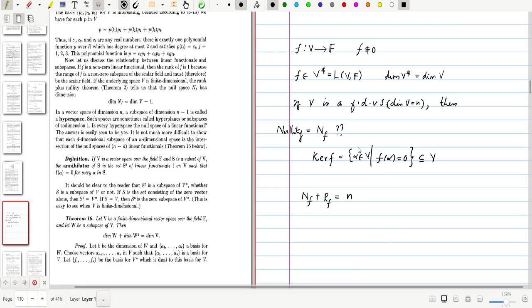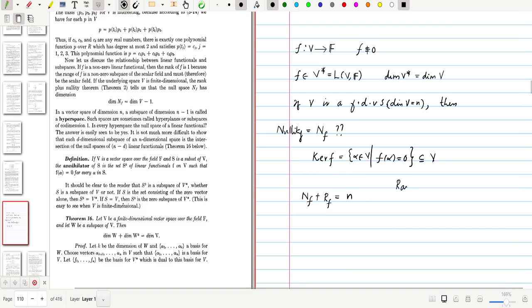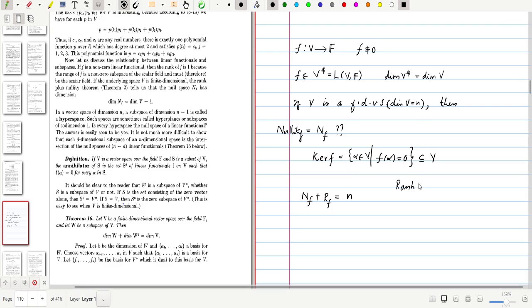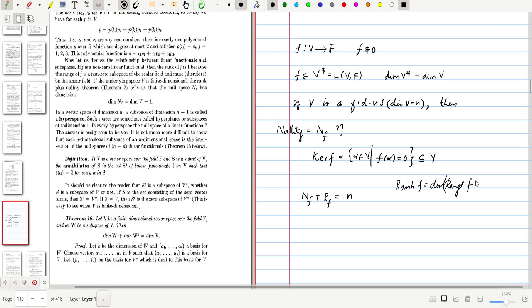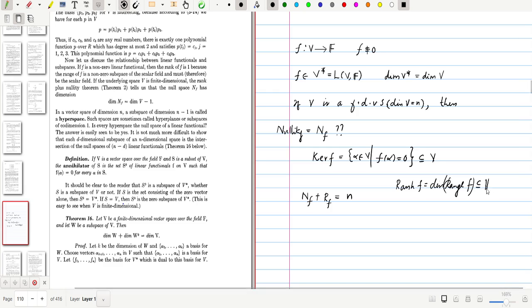So in order to get an idea of the kernel of f, we find the rank of f. The rank of f is the dimension of the range of f, which is a subset of F.